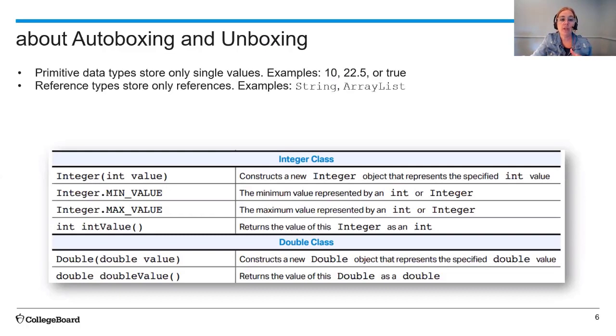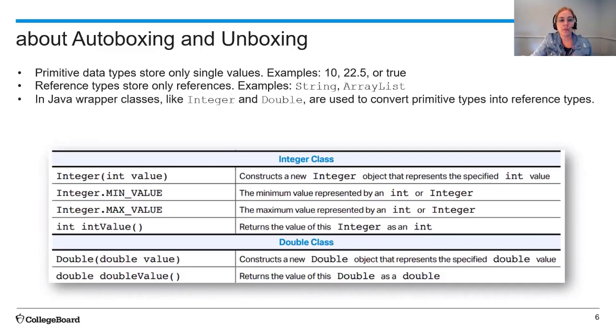Reference data types like String, or when we need to use them in an ArrayList, will store references. So that's part of why we need these wrappers, because there are times when we need to grow up, remember, our int or our double. And the wrappers will help us with this conversion and do the converting.